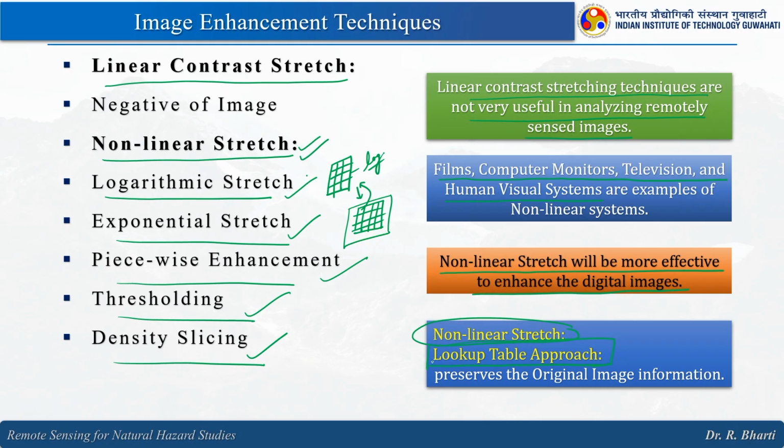But when we talk about the lookup table, it will preserve the original image information. So, this will also be preserved. Whenever you want, you can go back from here to here, right. That is why it preserves the original image information, which is very important, because sometimes you have to refer to the original value for the analysis, right.